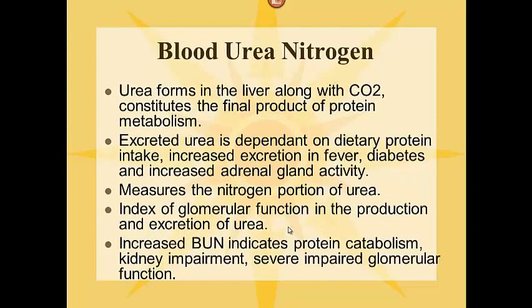Blood urea nitrogen. This is the BUN. Urea is formed in the liver along with CO2 and constitutes the final product of protein metabolism. It's excreted as dietary protein. Increased excretion is in fever, in diabetes, adrenal gland activity.